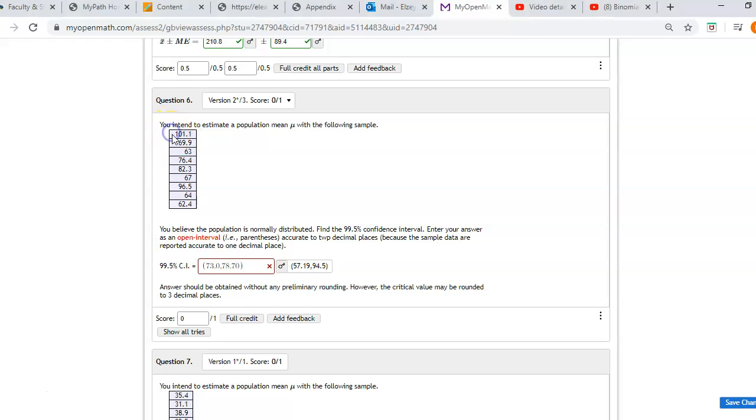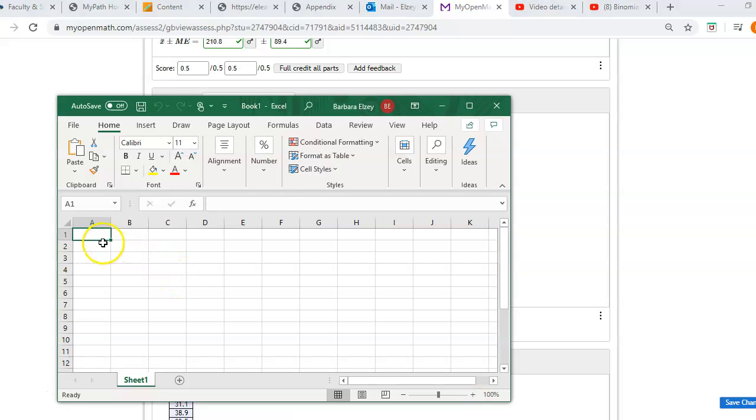So let's first copy and paste this into Excel, and I've already opened a blank Excel sheet, and it doesn't really matter where I copy and paste it. Well, something happened there. Let me try that again.